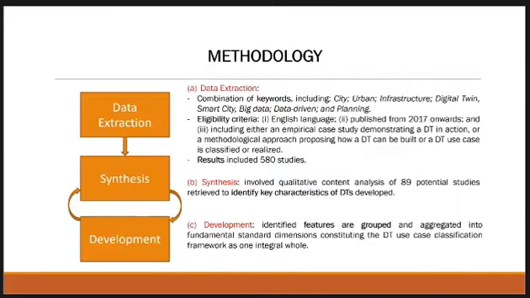So we started by following a framework development methodology, including three major steps. The first one is data extraction, and this basically included a systematic literature review, searching first for studies using a combination of keywords like the ones listed down there: city, urban, infrastructure, digital twin, smart city, big data, data-driven planning.